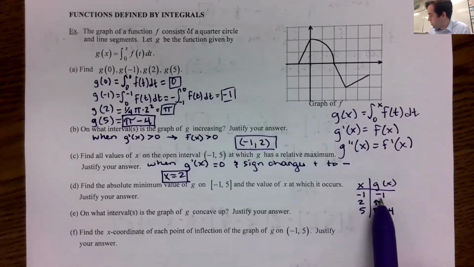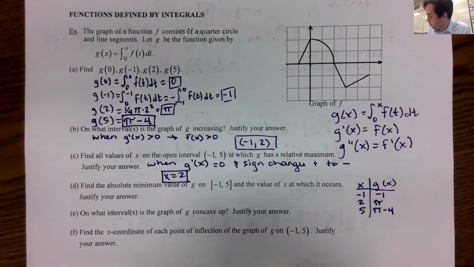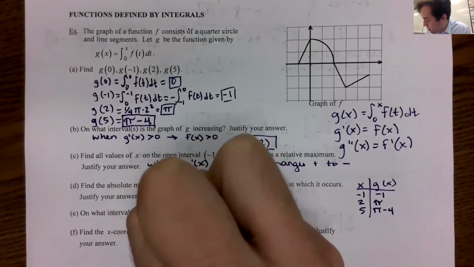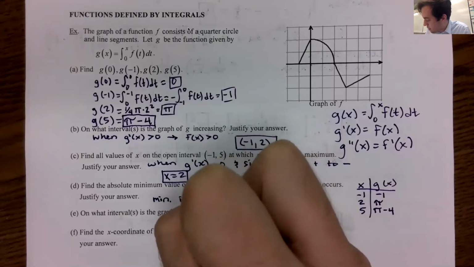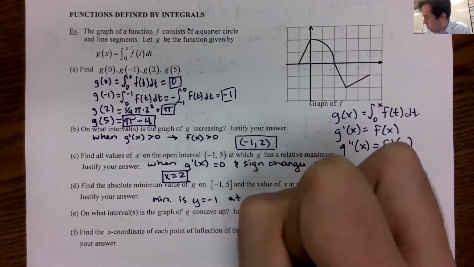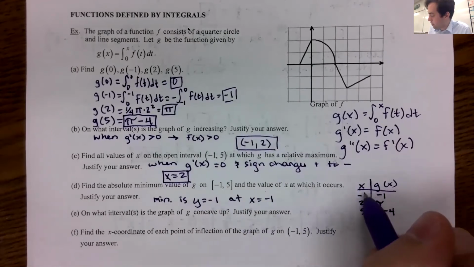And -1's smaller than that. So the x value is -1. So the minimum value is -1 at x equals -1. And we found it right there.